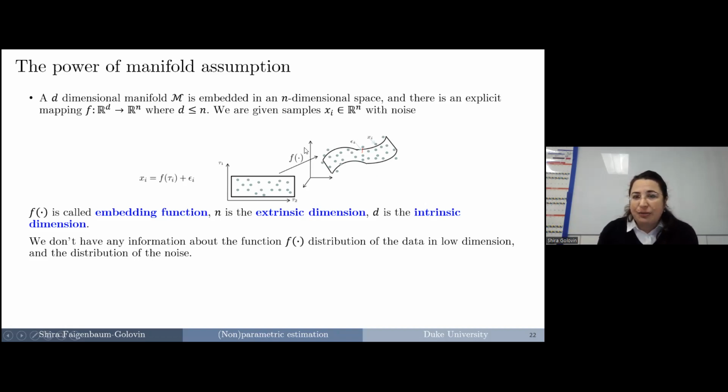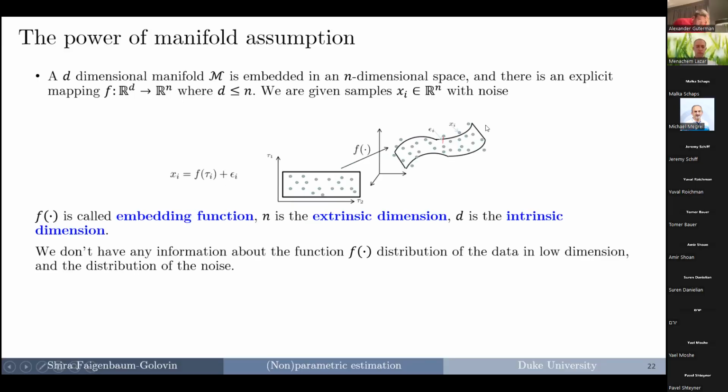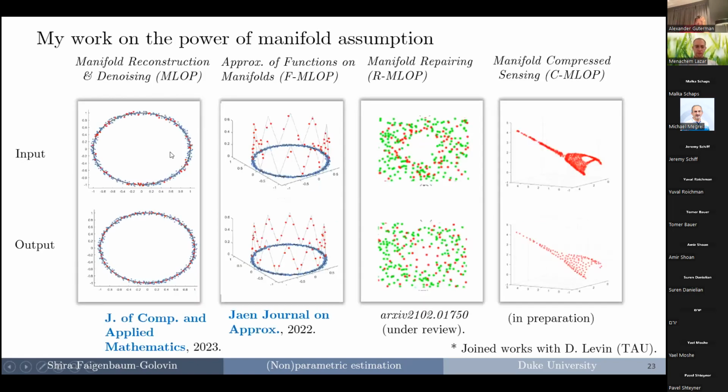Although there is some kind of connection between the points in high dimension that we observe, we do not know the connection. We do not know the function that created those points, as well as we do not know what noise model we are dealing with. In that case, we will try to reconstruct the geometry of the data without any assumption, which is very challenging.